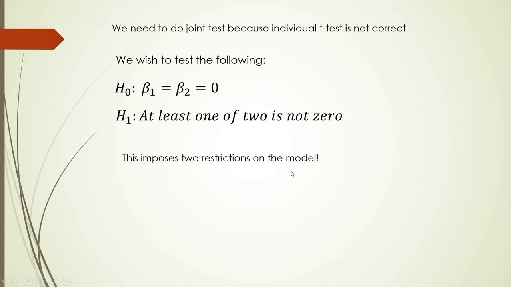We actually want to do the following. We will test them jointly. So beta 1 and beta 2, we will test if they are equal to 0. Actually, two coefficients we will test altogether.